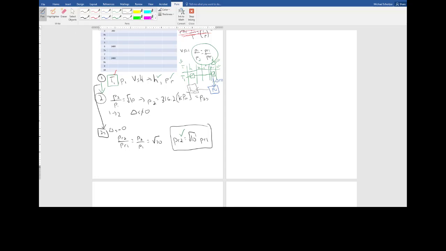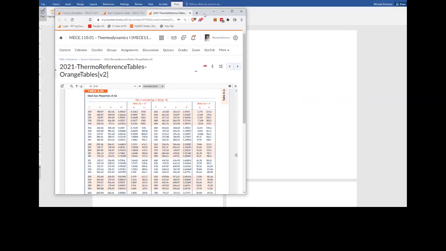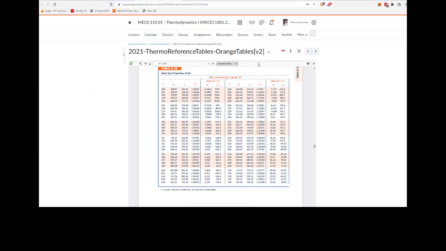So for example, if we were on this table, and let's say my T1 was 300 degrees, I don't know what it actually is in the problem. 300 times root 10? Oh, no, that's not what I do. Because 300 would mean my PR value is 1.386. So I take 1.386 times root 10, and that gives me 4.38.